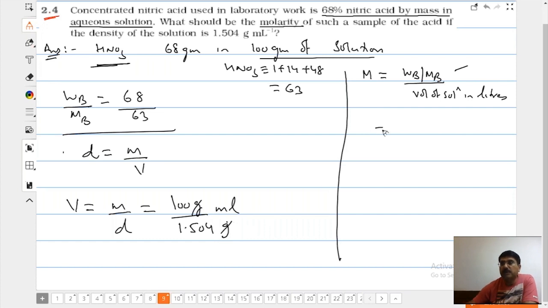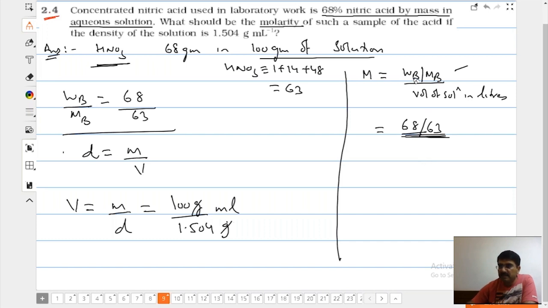Now I'm going to put down the values here. It is 68 by 63. I have taken mass as 68 only.